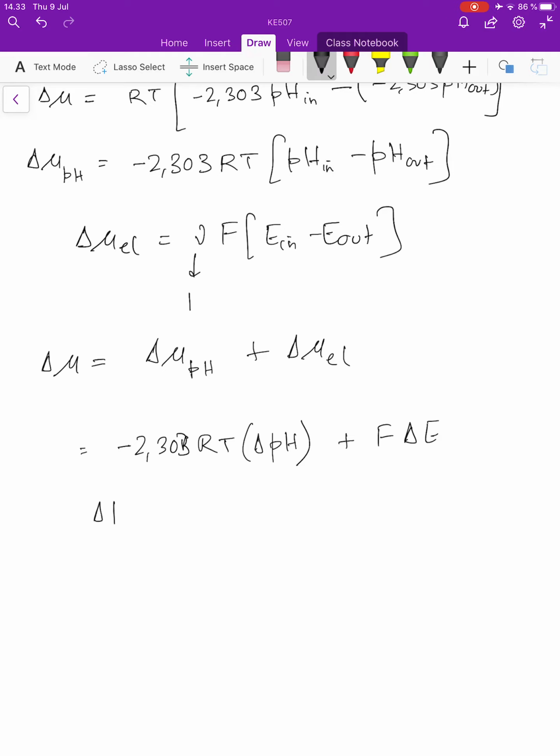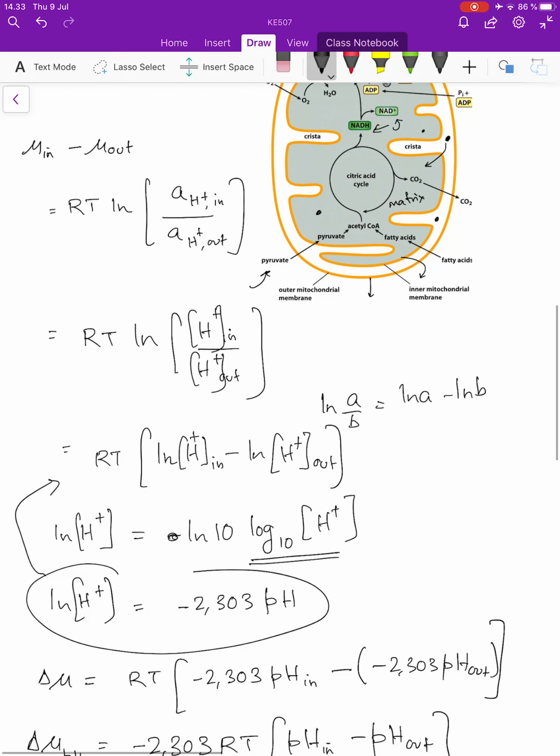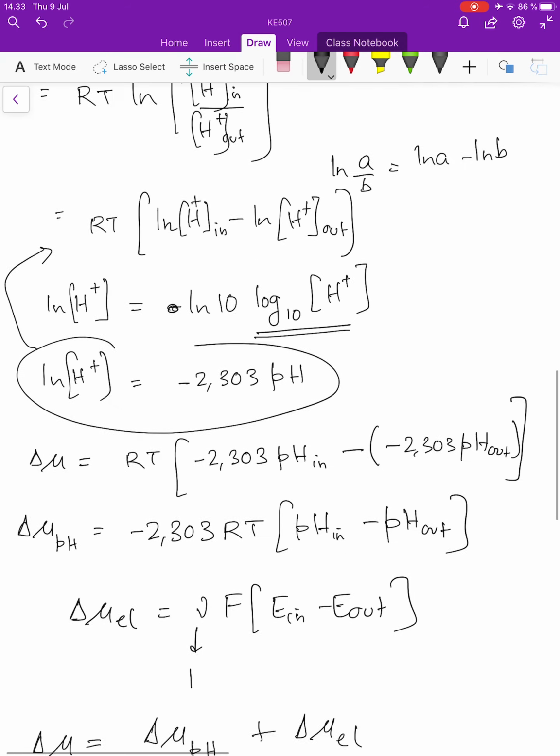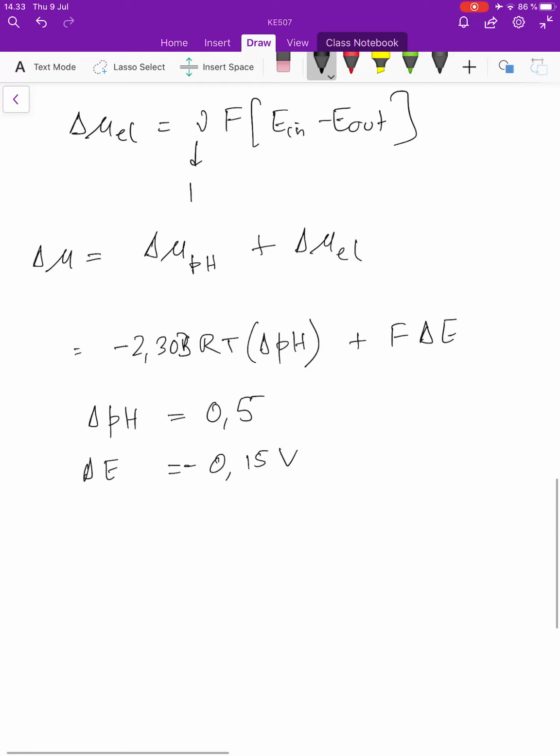Now it turns out that this delta pH is about 0.5, and the delta E, which is the electrical potential difference, is equal to minus 0.15 volt. So the inside is negative with respect to the outside. The concentration of protons is higher on the outside, so the pH is lower here and the pH is higher here. That's why delta pH, which is pH in minus pH out, is a positive value.